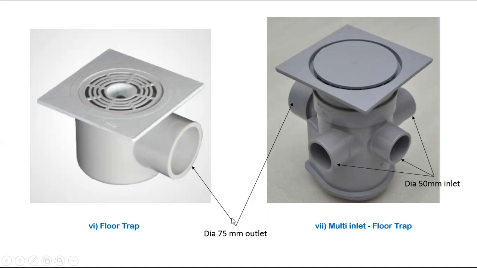The outlet size will be 75 only, that is standard. The inlet is only 50 mm, and the top side is 100 mm. You can remove the top cover for maintenance purposes and clean the parts periodically, on a monthly or weekly basis, based on your requirement.